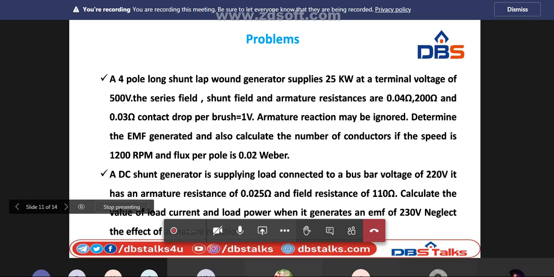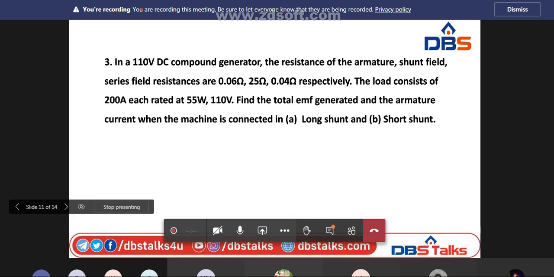Just learn how to draw a generator diagram. The armature and load are always the same for all generators. Only the field changes, it is parallel, shunt, series, both long or short, like that. Like that you have to determine, all of you.